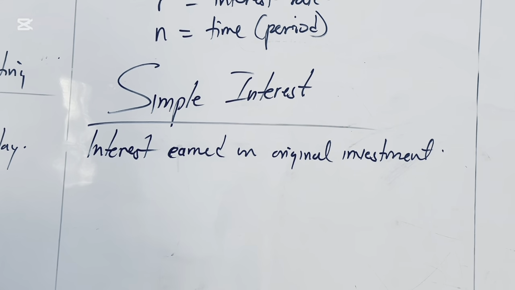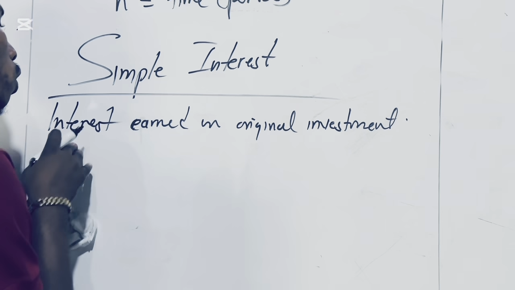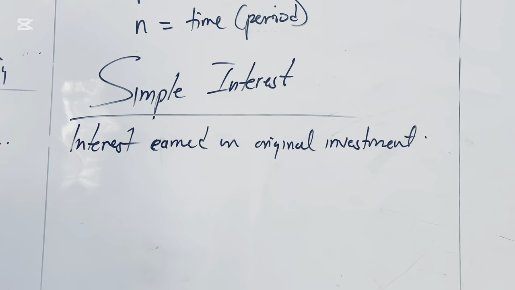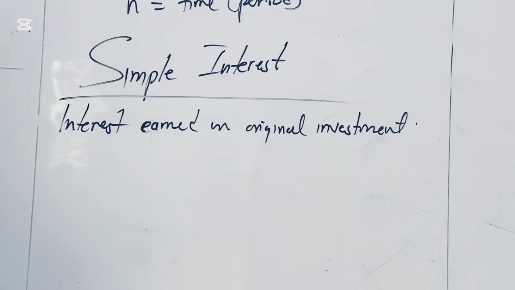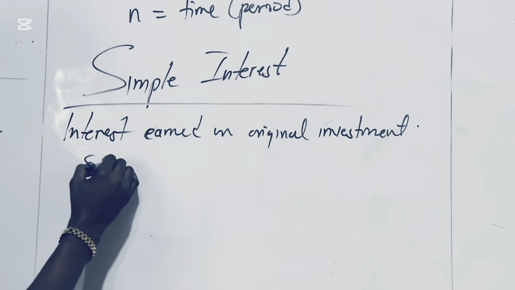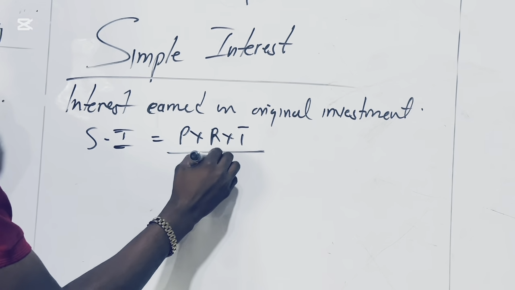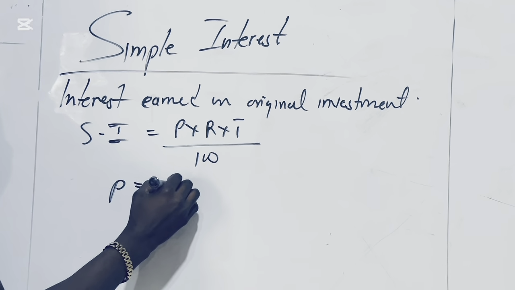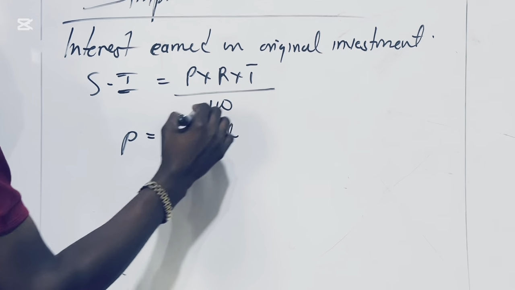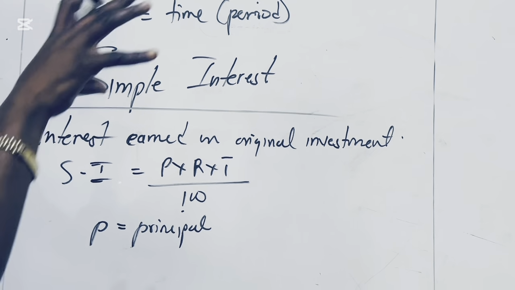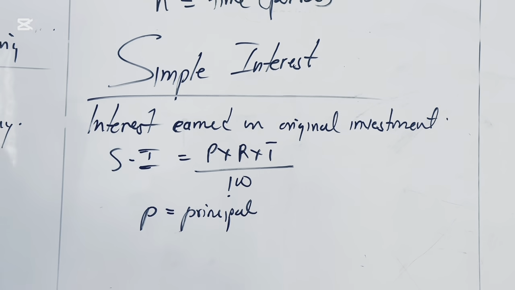But if you borrow money from the bank, the interest is earned on the amount borrowed. That is our simple interest. And the simple interest can be given as P times R times T all over 100, where P is our principal. When we say principal, it is the amount borrowed or amount deposited, that is the amount invested.